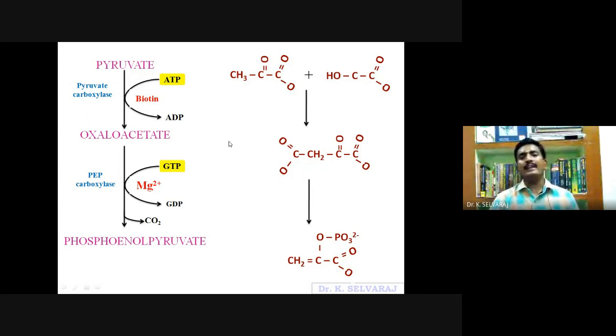If pyruvate is obtained directly from lactate, it is converted into phosphoenolpyruvate within the mitochondria. But if the pyruvate is directly involved in the gluconeogenesis process, then the pyruvate is not directly converted into phosphoenolpyruvate.